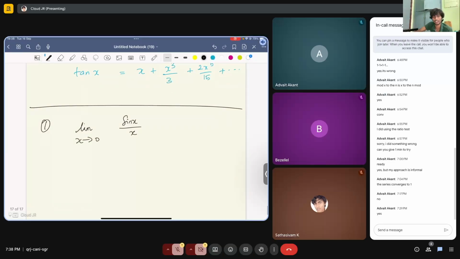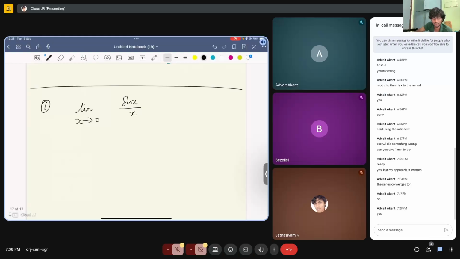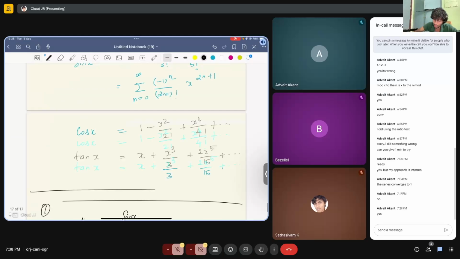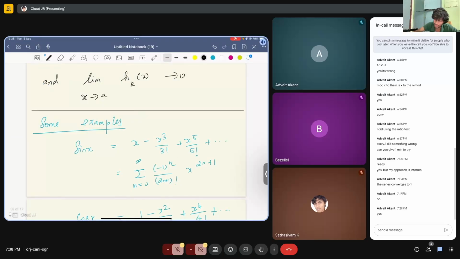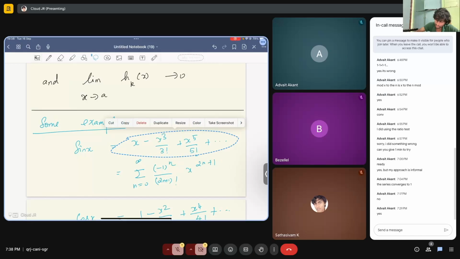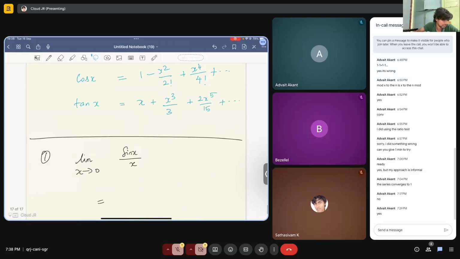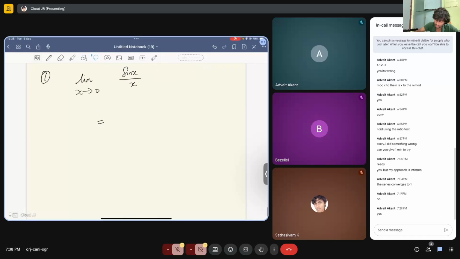So this is one example that you can do. Okay. So we will apply the Taylor series here. I will copy it here, and I will paste it here.